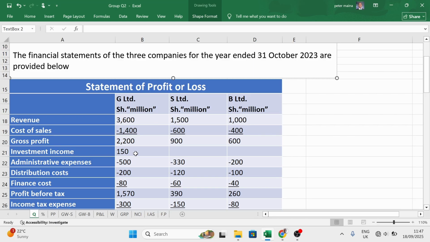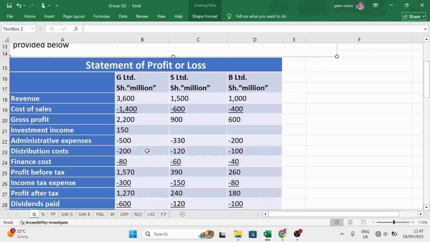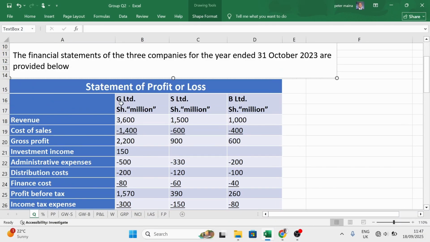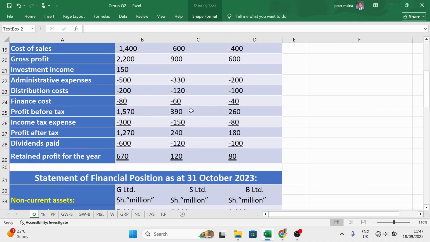Investment income comes from various sources. It can come from rent, dividend received, or interest. Part of this investment income is the dividend that G Limited received from S Limited and also from B Limited. Because at the bottom of the profit and loss, you are given the dividends paid.